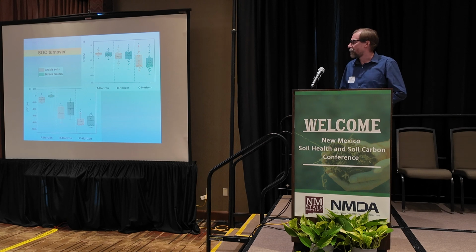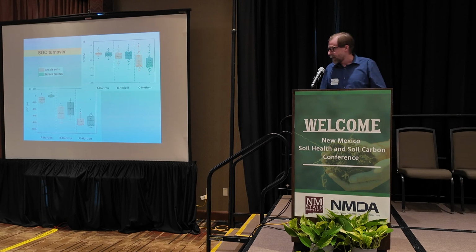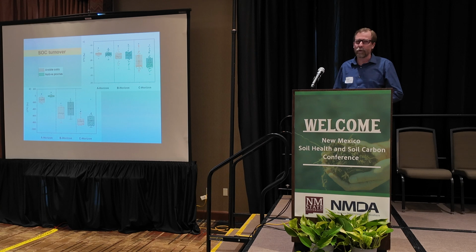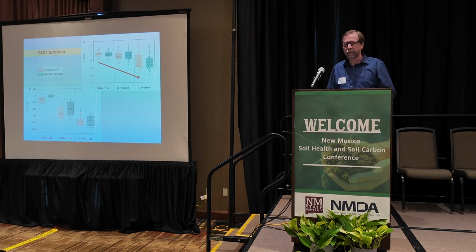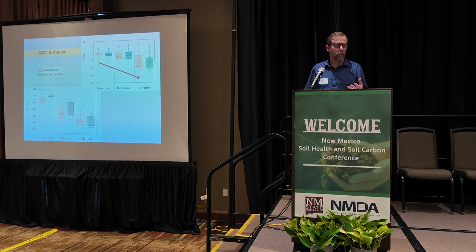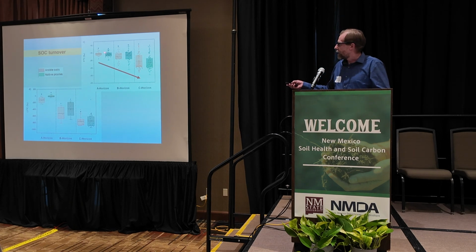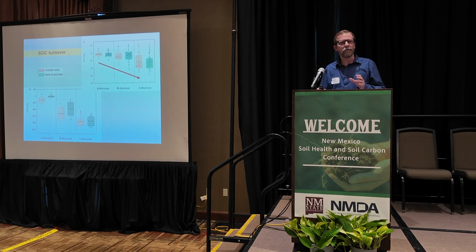Then we did some isotopic analysis. Here you see the delta 13C, again A horizon, B horizon, and C horizon. We don't see differences between the land use systems, but we see a depth influence. The delta 13C gives you a bit of information about the origin of your carbon material. The negative 15 gives an isotopic signature of C4 plants.